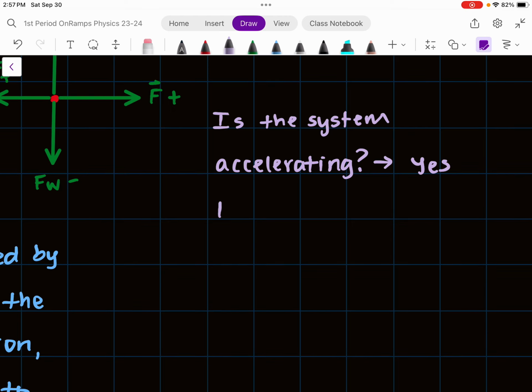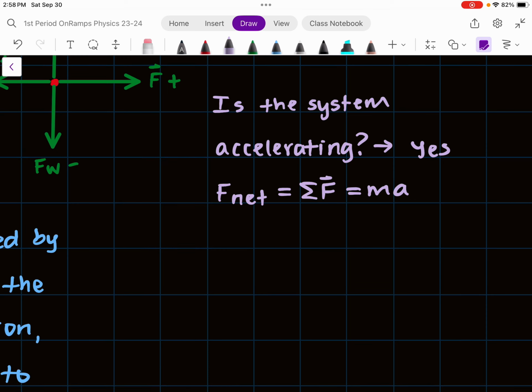that the net force, which is equal to the sum of the forces acting on the system, is equal to mass times acceleration. Whenever your system is accelerating, the net force, the summation of the force vectors, has to be equal to mass times acceleration. Okay?